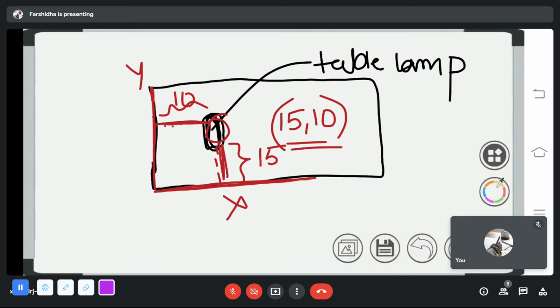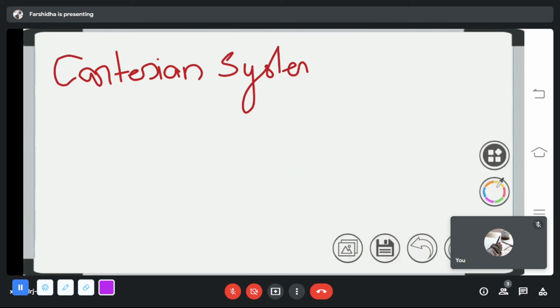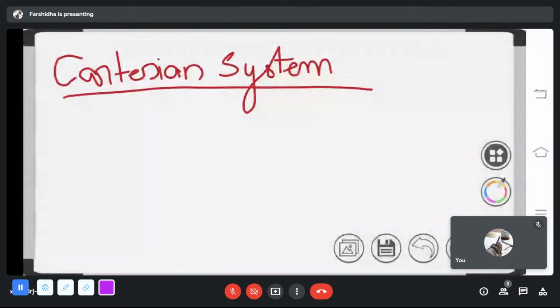So come to the Cartesian system. In this you'll be studying the Cartesian system. You have studied in your earlier classes about the number system, and plotting a particular point on the number line.